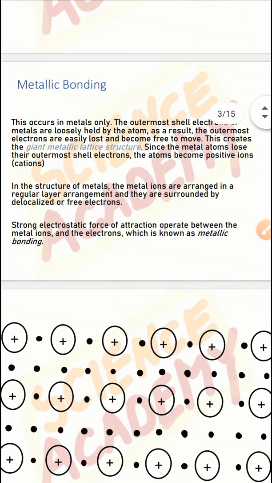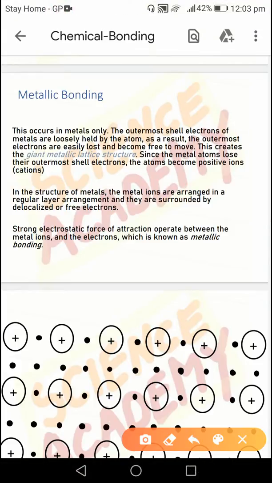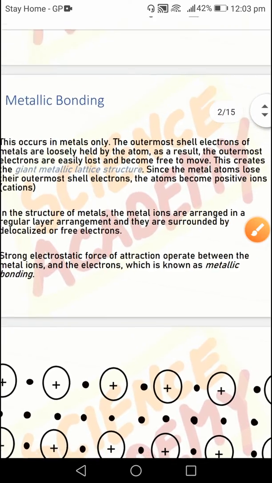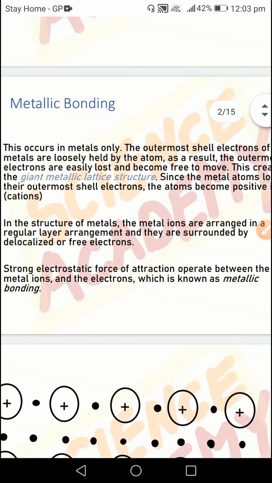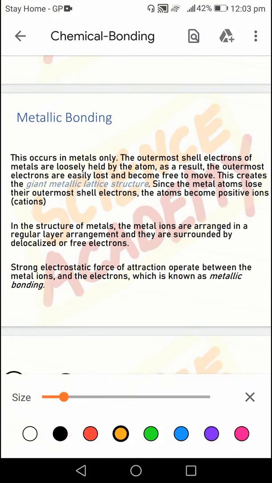So let's start with metallic bonding. What is metallic bonding? So metallic bonding, as the name suggests, occurs in metals only.